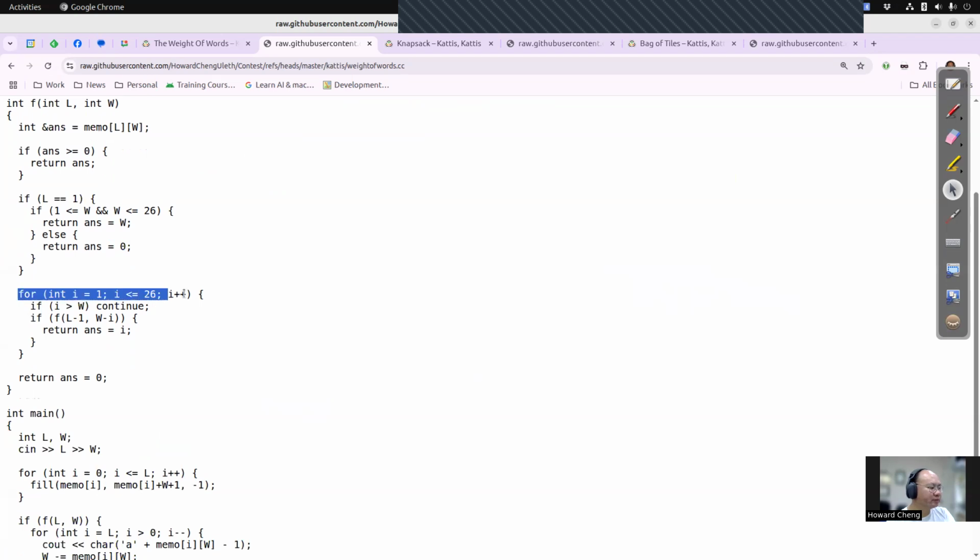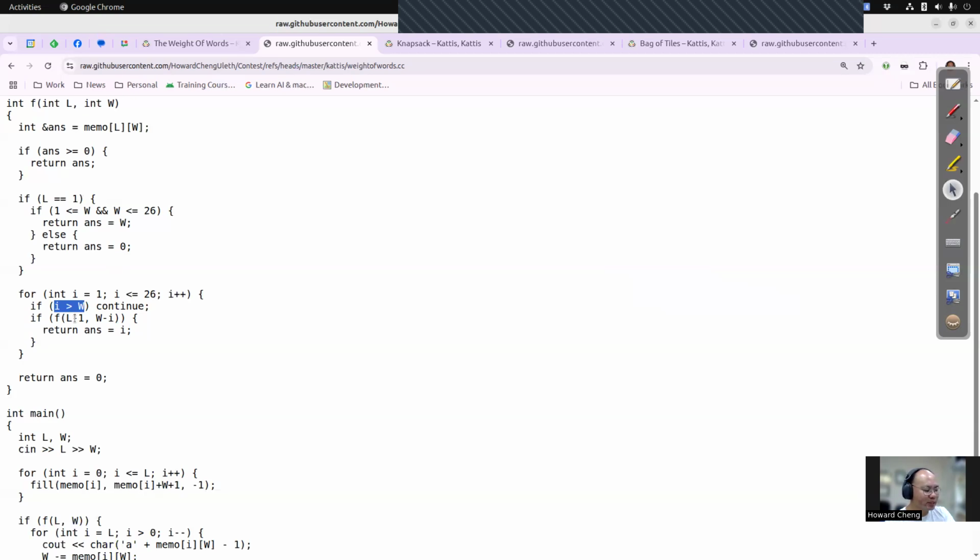Otherwise, I try all 26 choices, and if the recursive approach, using one fewer letter and getting rid of that weight from the total, returns something non-zero, then I know I can choose the letter I to continue. Now, because it's W minus I, I will only do that if W minus I is not negative.